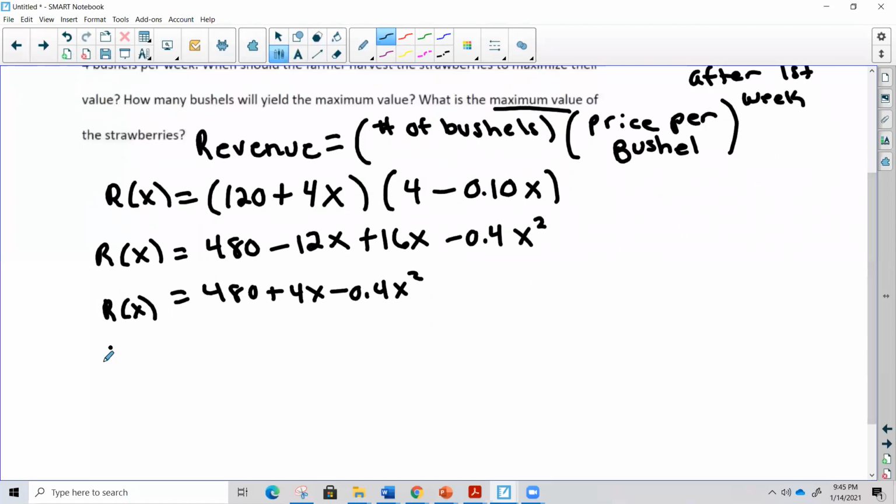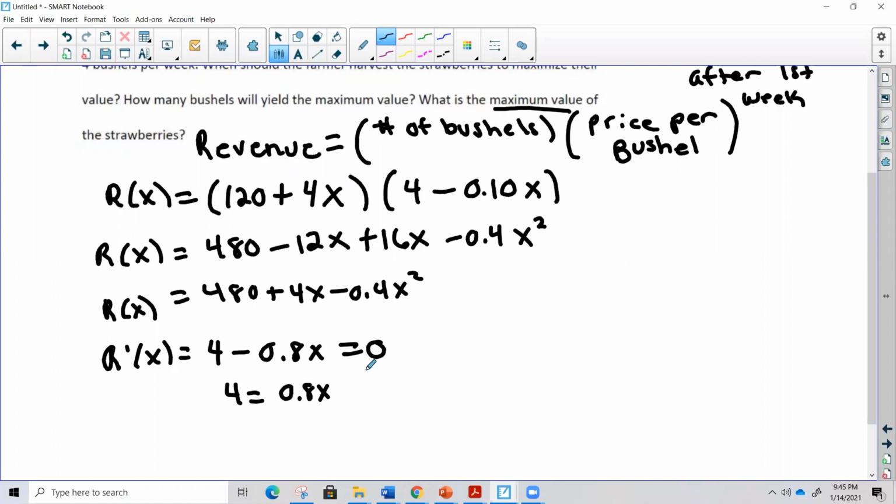Okay, then I can take the derivative. 480 is 0, 4x is 4, minus 0.4x squared is minus 0.8x. I'm going to set this equal to 0. So whenever we're trying to find the max or min, we take the first derivative, we set it equal to 0. So I get 4 equals 0.8x.